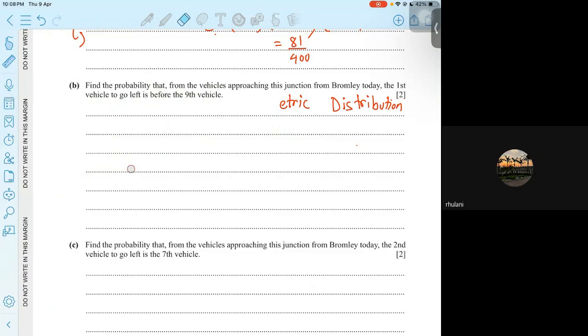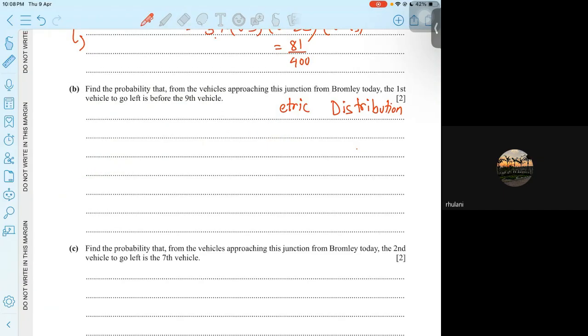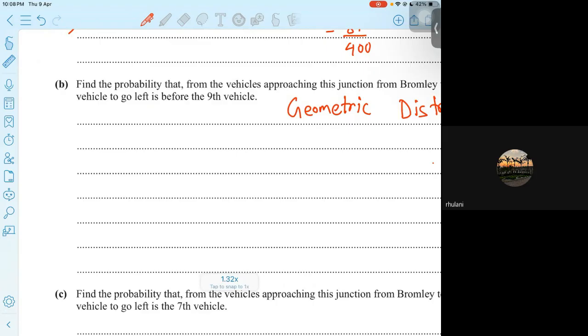And this question, since it asks about the first time a success occurs, is geometric, occurring before the 9th vehicle.